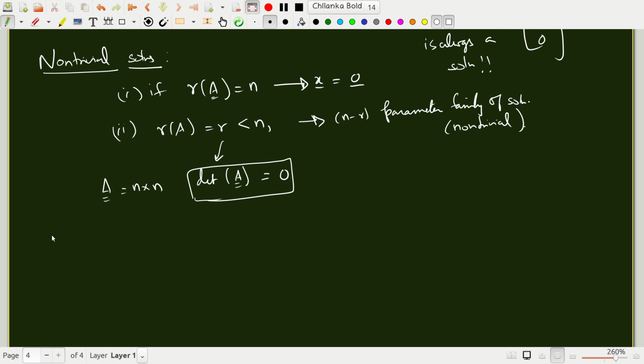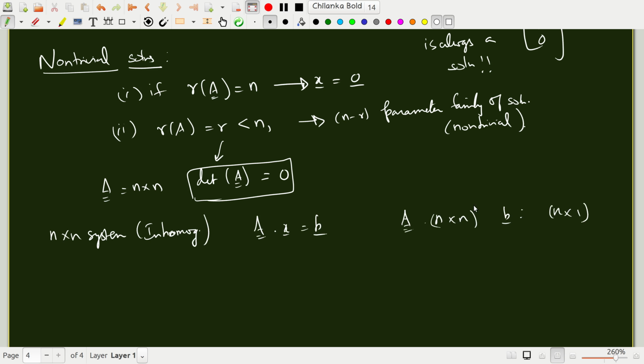Finally, we'll have an n by n inhomogeneous system, Ax is equal to b. A is an n by n matrix and b is an n by 1 column vector. Here again, if r equals n, that means that the determinant of A is not equal to 0.